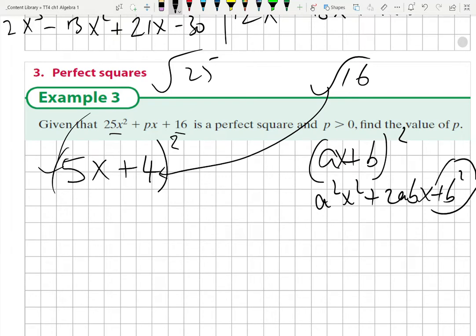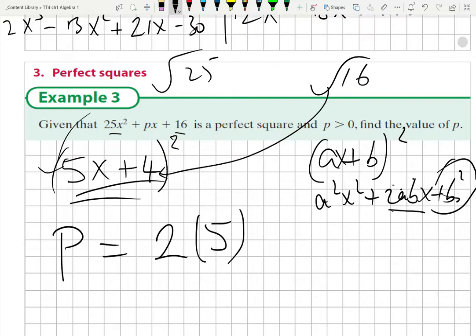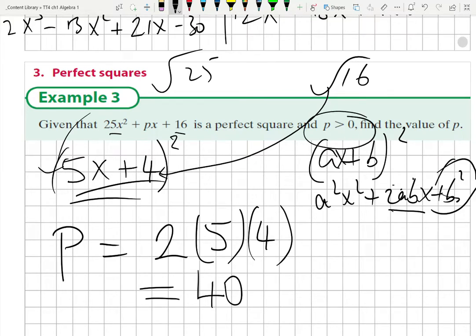So you're looking for the square root of b squared. So this is correct. And now double the bases is in the middle, which means p is equal to double the product of the 5 and the 4. So p is 40. It could have been minus 40, but they've indicated that it should be positive. So that's the answer there.